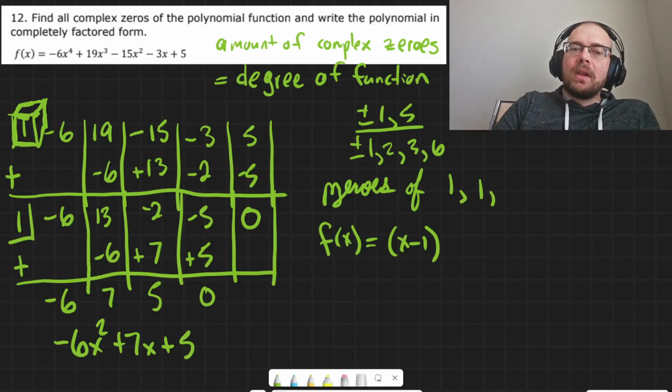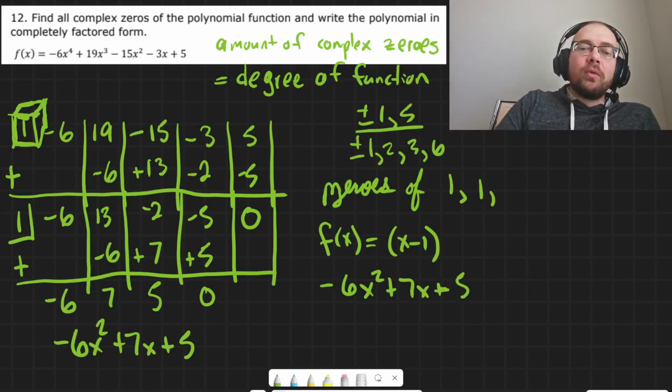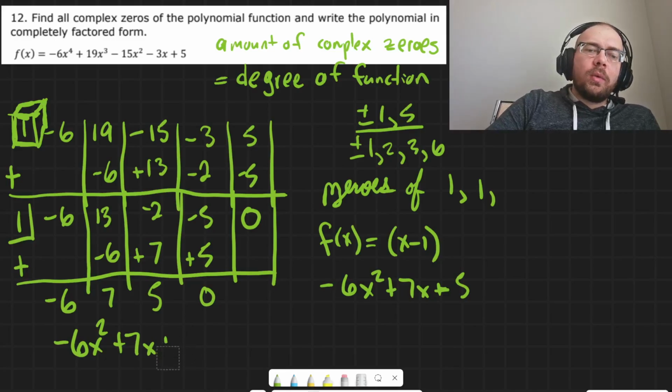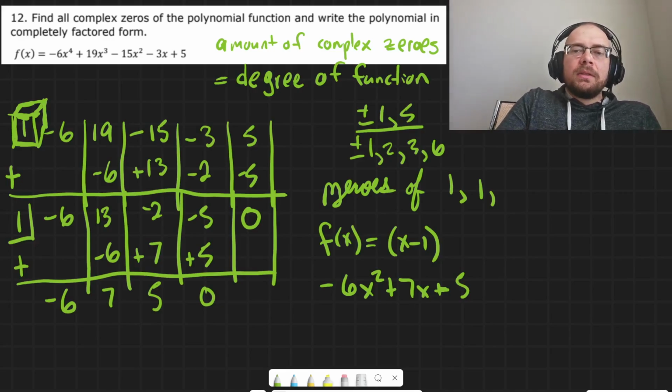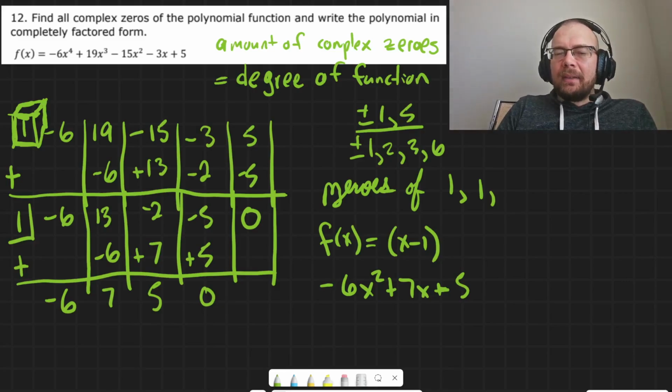So actually I'm going to rewrite this over here. I do want to show you what that looks like if we do keep going, because you could. Then we would try something else. It looks like 1 will probably not work again, but something else might.